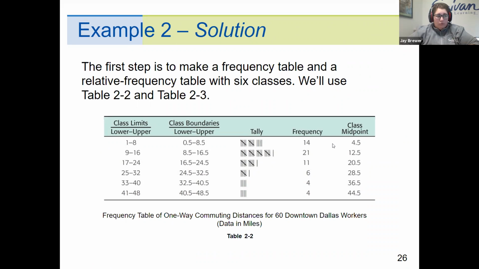So this is going to be 14. And then the next one will be 14 plus 21, so that will be 35. Okay. 14, 21, and 11. You're adding them up as you go. By the end, you should have your sample space.